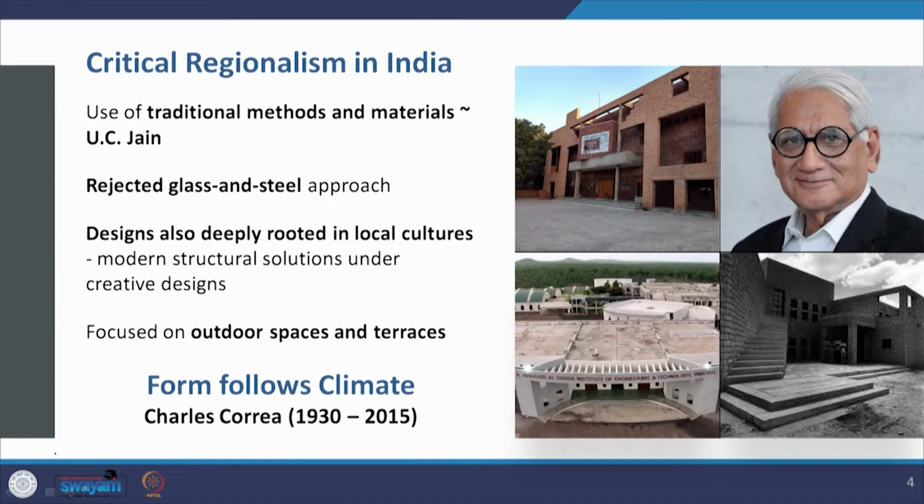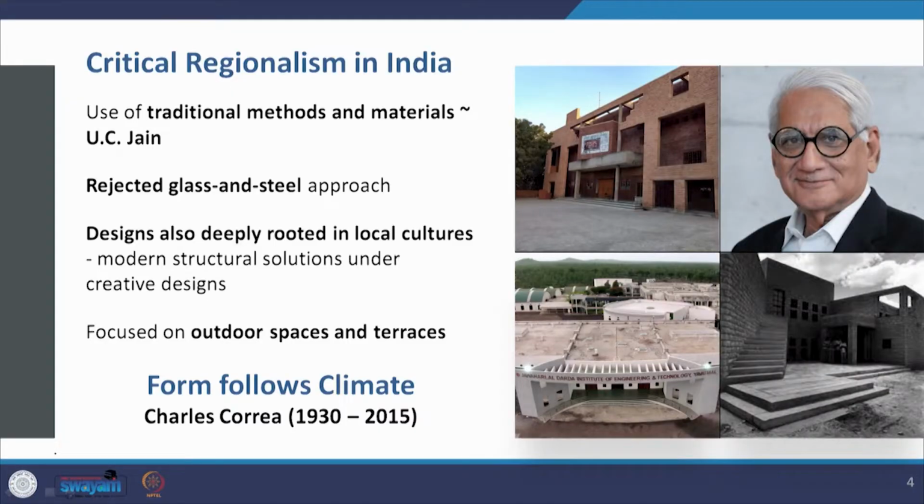Again, refer back to the example of Jodhpur University. The four lecture theatres have this corridor in between them covered with a pergola, and the width of the corridor is defined by the length of the available stone beam.